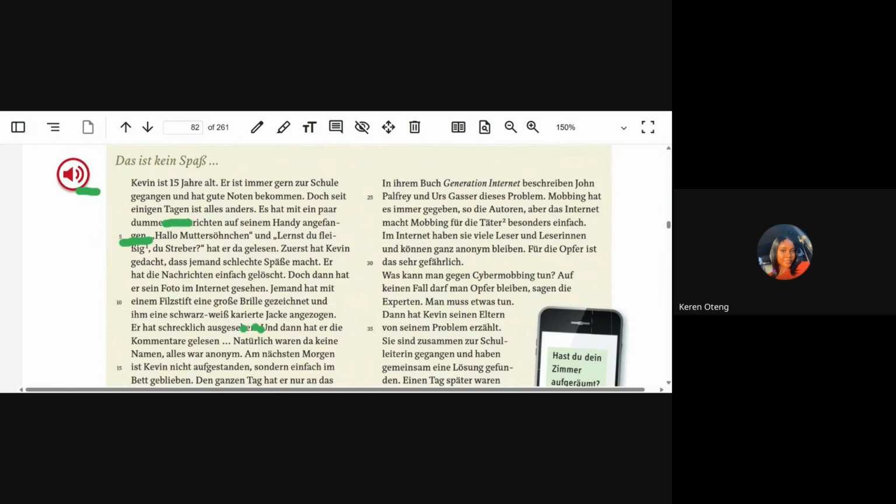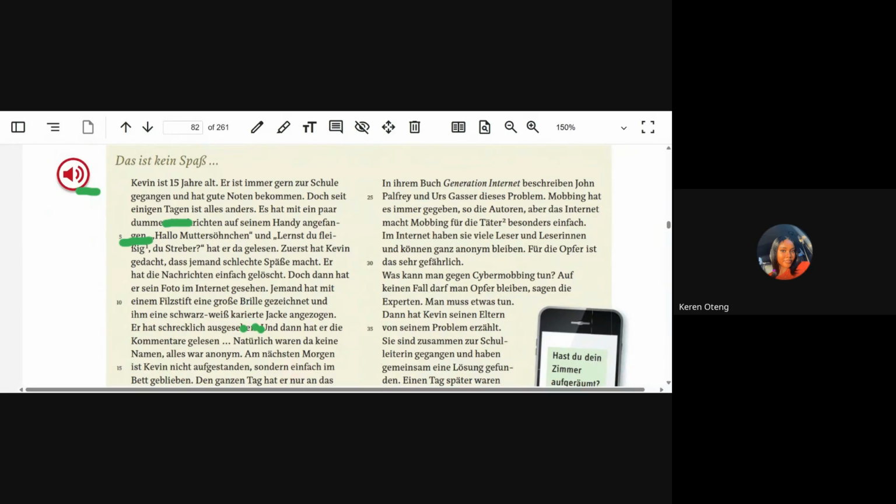Er hat schrecklich ausgesehen und dann hat er die Kommentare gelesen. Natürlich waren da keine Namen. Alles war anonym.